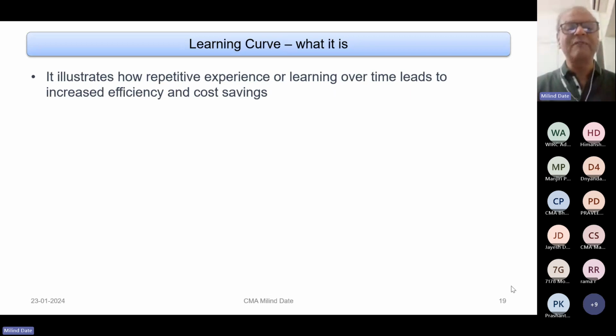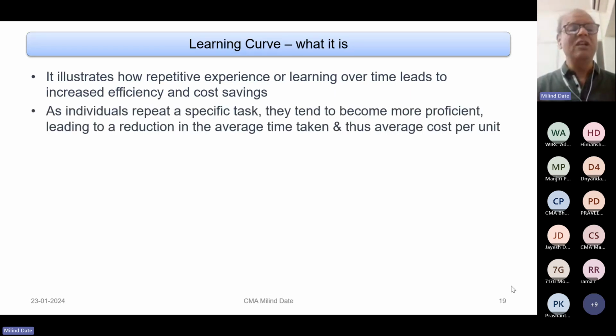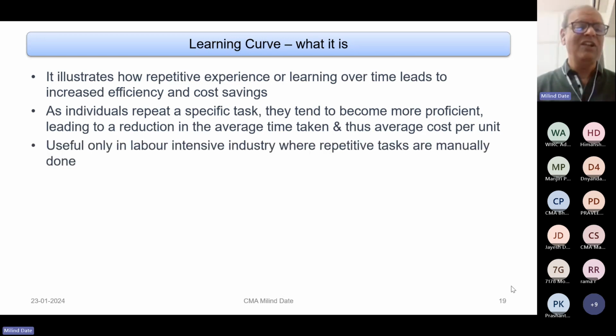So if an individual repeats a task and tends to be more efficient, it leads to a reduction in the average time taken. But this concept, as I said, is useful only if the industry in which it is used is highly labor intensive, with repetitive tasks being carried out manually.